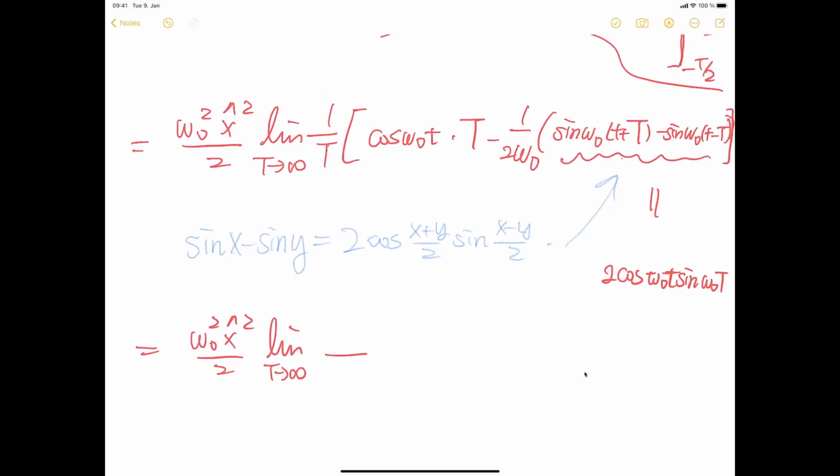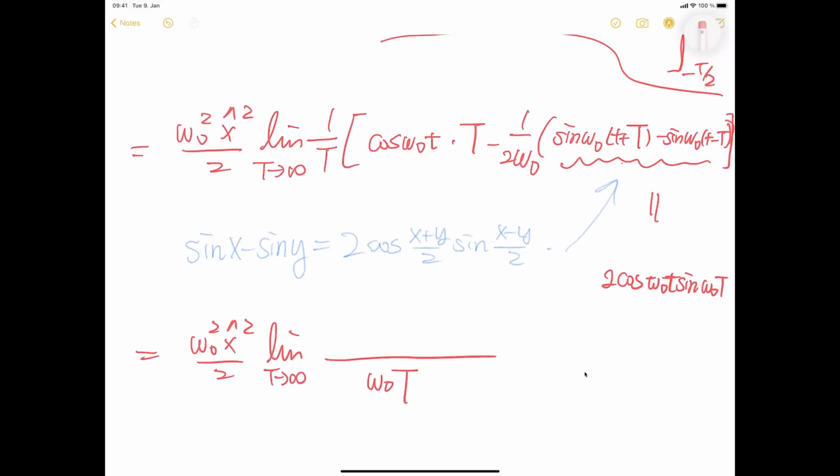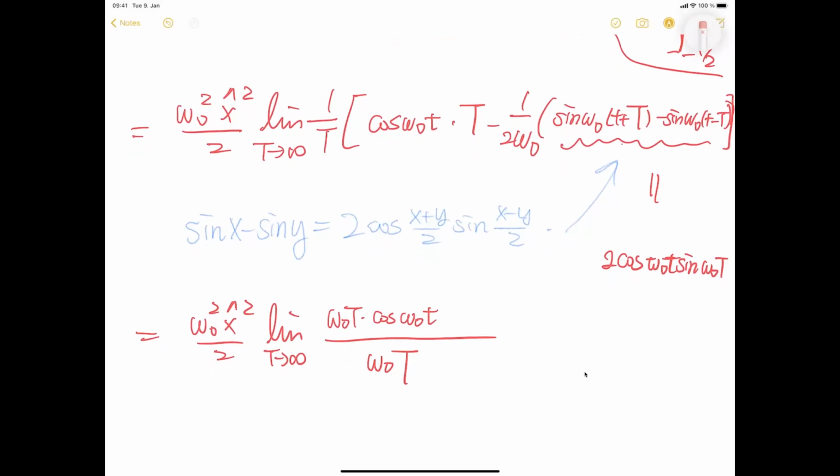Okay. So now we can take the limit of the whole expression finally. So here we have omega 0 t, cosine omega 0 small t, minus, these two will be cancelled.